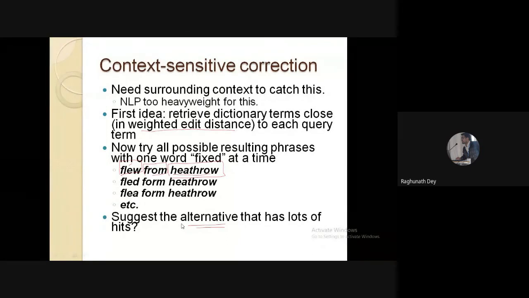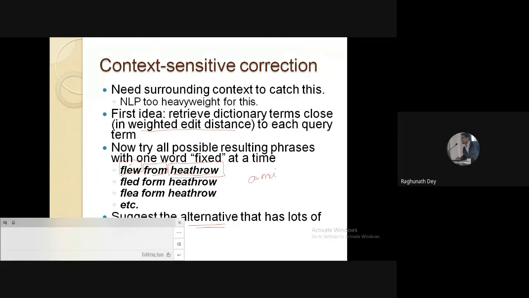Suppose you are typing the text Amitabh Bachchan, but suppose you have mistakenly typed AMITAV instead of Amitabh, and instead of Bachchan, you are typing only BACHAN.